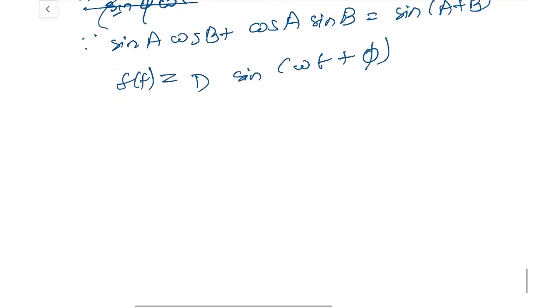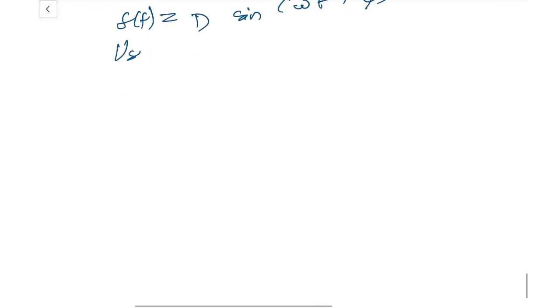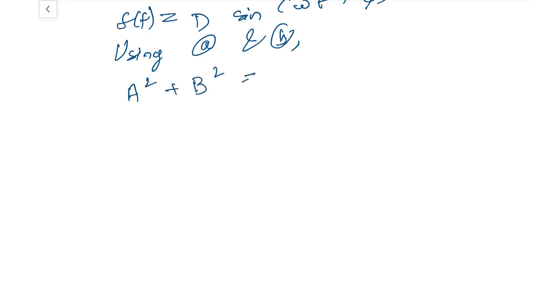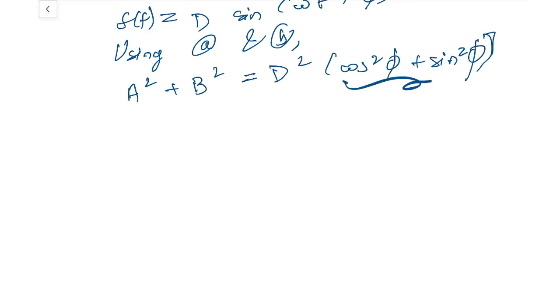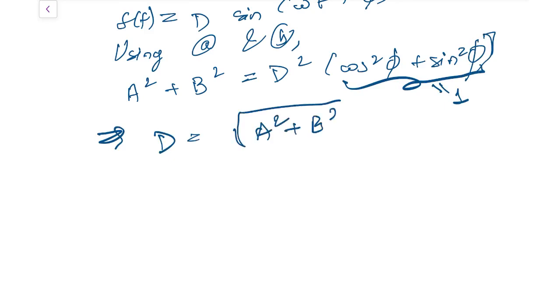Now, using a and b, if we were to square and add, we would get a square plus b square equals d square times cos square phi plus sin square phi. And we know that cos square phi plus sin square phi is nothing but 1. So d becomes the square root of a square plus b square.